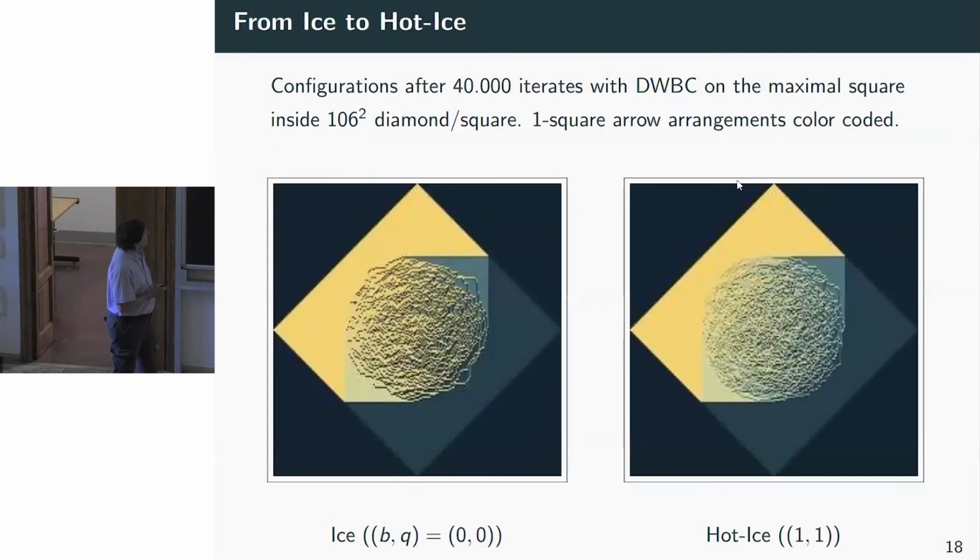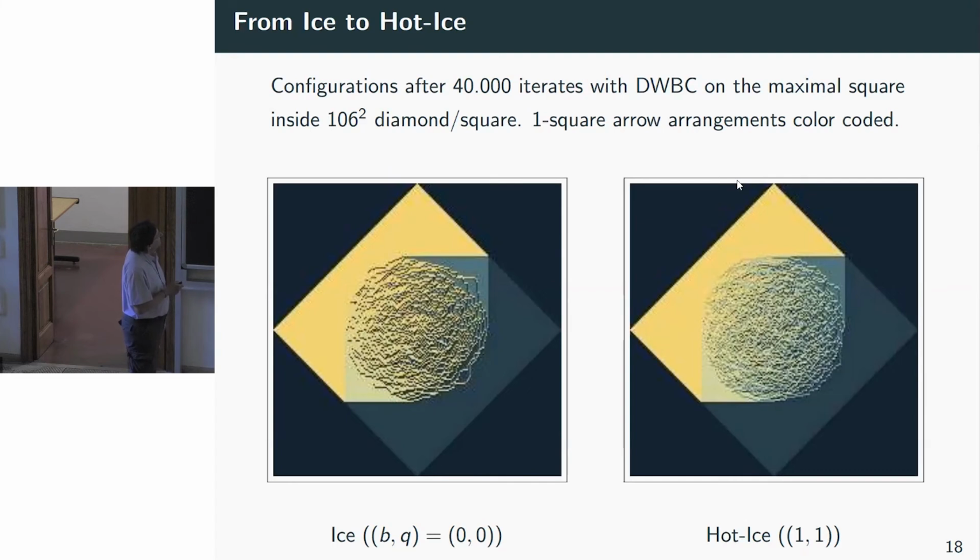So here's the first thing. If you just look at configurations, this is ice at equilibrium. You can see the limit shape forming there. A bit rough, but it's not such a huge thing. It's only 100 sites on the side. This is the hot ice, the one corner, and the alphabet is now bigger, so that's why the picture looks a little bit different, but you can start suspecting that the limit shape is still there.